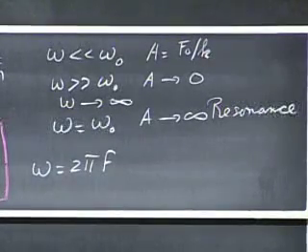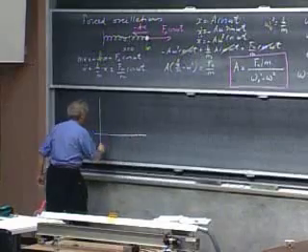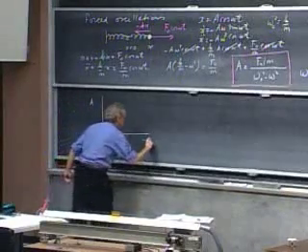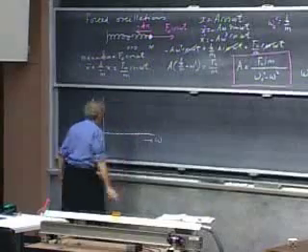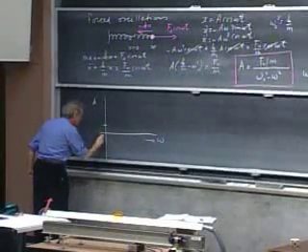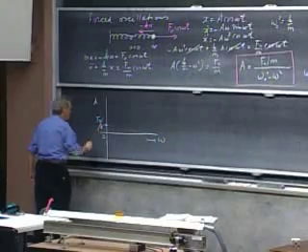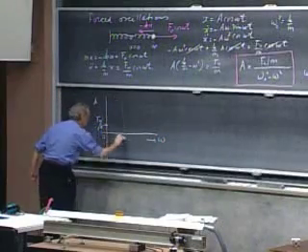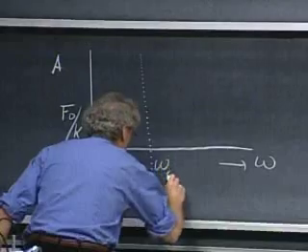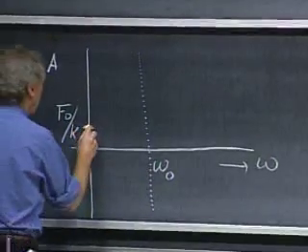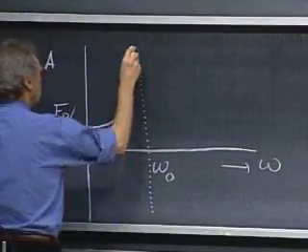So if I make a plot of the amplitude versus frequency omega, then at low values I have f0 divided by k as the amplitude. When I hit the resonance frequency, the natural frequency of the system, it goes out of hand, goes to infinity.